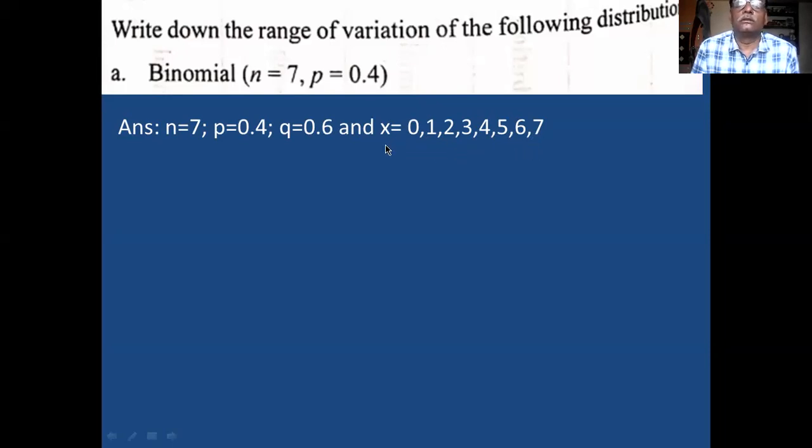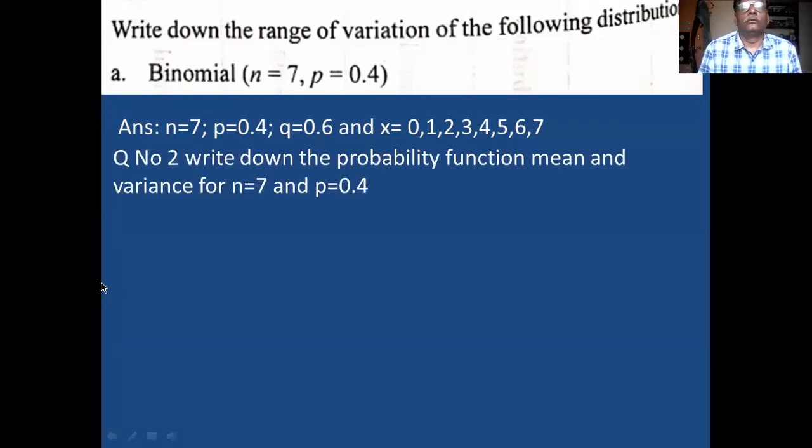This is the answer. The result may be 0, it may be 1, it may be 2, 3, 4, 5, 6, and the maximum 7. That is the range. Remember this.